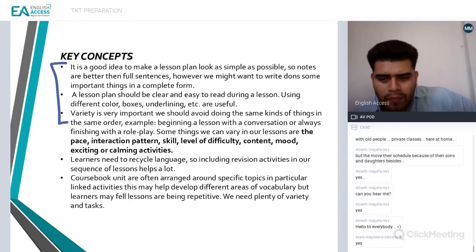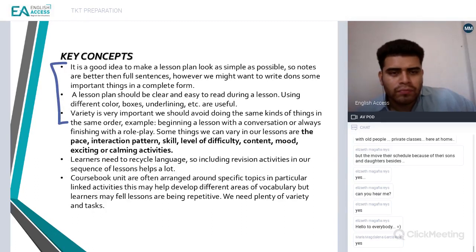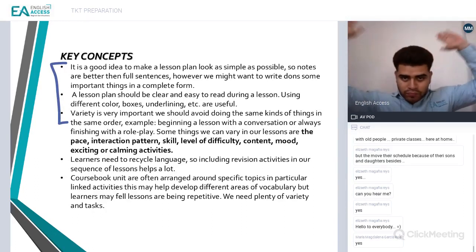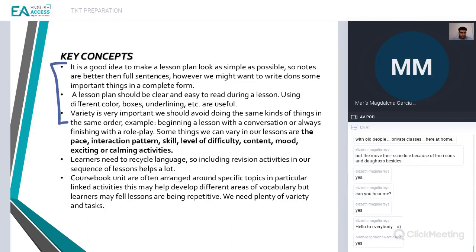Yes, key concept. 1. It is a good idea to make a lesson plan look as simple as possible. The notes are better than full sentences. However, we might want to write down some important things in a complete form. 2. A lesson plan should be clear and easy to read during a lesson. Using different color boxes and underlining are useful. And 3.